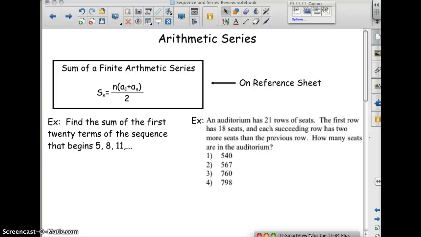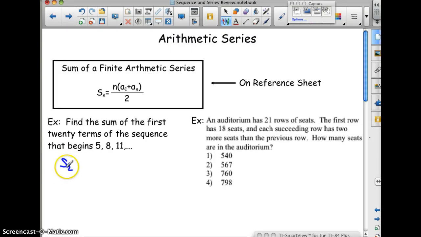Find the sum of the first 20 terms, so that is S sub 20, of the sequence that begins 5, 8, 11. Okay, so I know that I have 20 terms, and I know a sub 1. Oh, what is the 20th term?